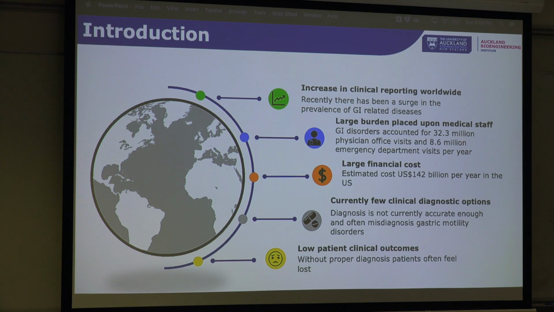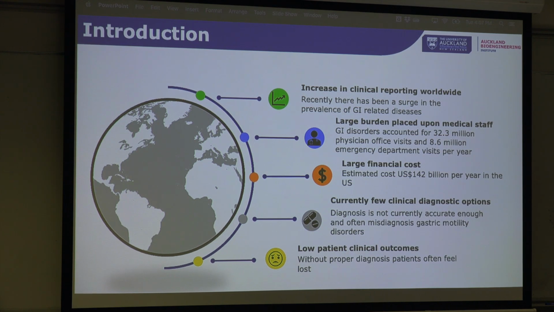People with GI motility disorders currently have very few clinical diagnosis options. And with those diagnostic options available, they're often misdiagnosed and leave the patients with a sense of dissatisfaction and misunderstanding of what they really have going on in their bodies.